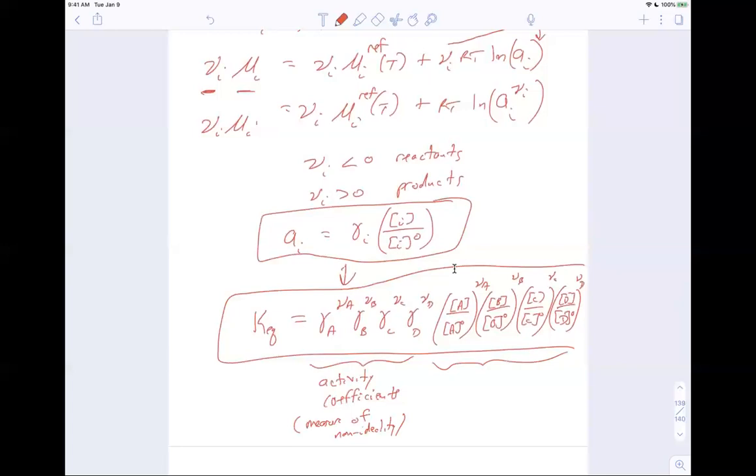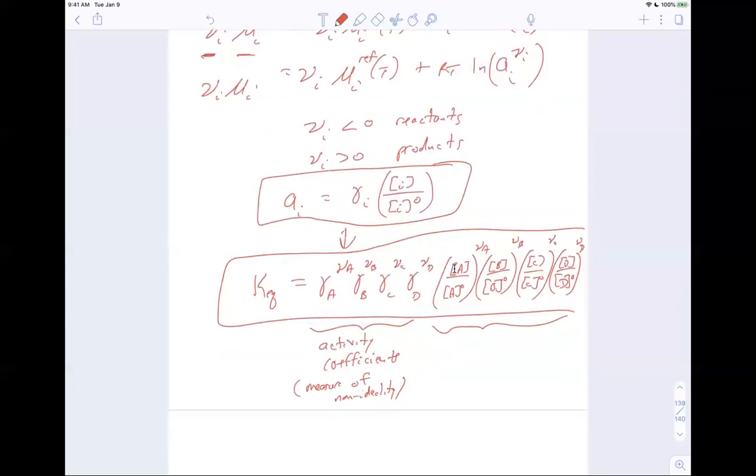Remember from your previous courses where you've used concentrations in defining equilibrium constants, you've never seen this thing that pre-multiplies the concentration. So there are 2 points here.